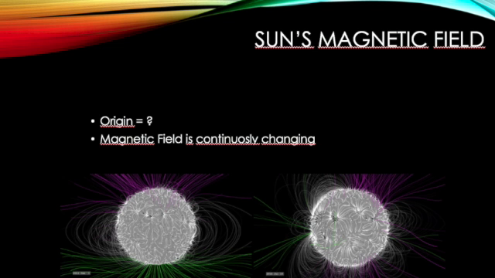But the Sun's magnetic field is responsible for a wide variety of events and interactions in the solar system, such as the auroras on Earth. We can observe in the image above the shape of the magnetic field.